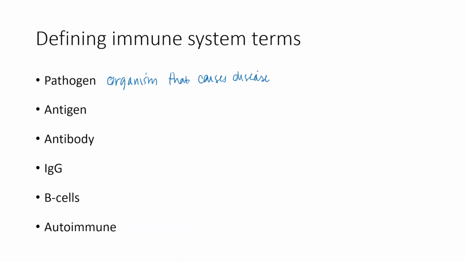So we have lots of microorganisms in our bodies all the time that do not make us sick, like all the bacteria and viruses and fungi in our microbiome, for example. They're just fine. They're supposed to be there, so they're not pathogens. Microorganisms are pathogens if they cause disease.